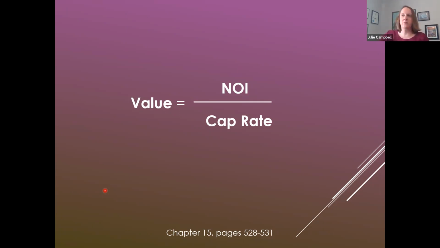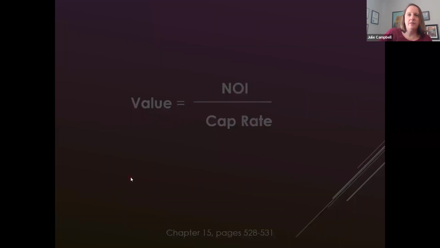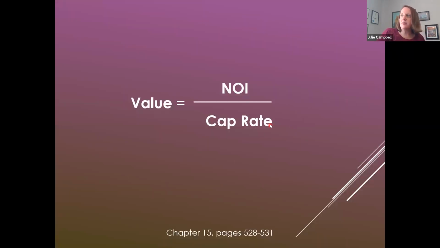Okay. All right. So here is a problem using the income capitalization approach. You'll first need to find the net operating income, and then you'll use that information to find the value by dividing by the cap rate. So I'll give you guys as much time as you need.